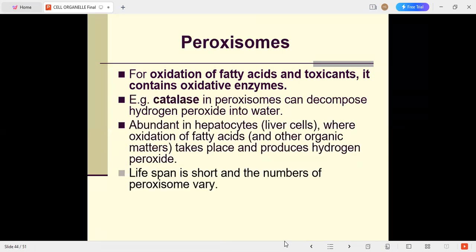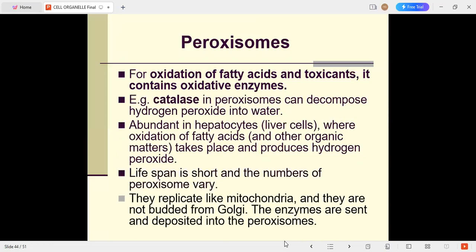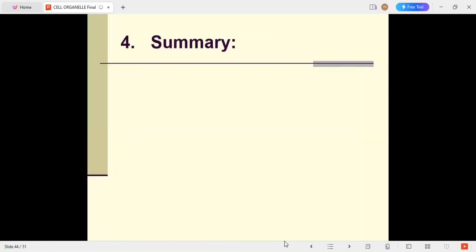The lifespan of a peroxisome is short, and the number of peroxisomes varies from cell to cell. They replicate like mitochondria, and they are not budded from the Golgi apparatus. The enzymes are sent and deposited into the peroxisomes.